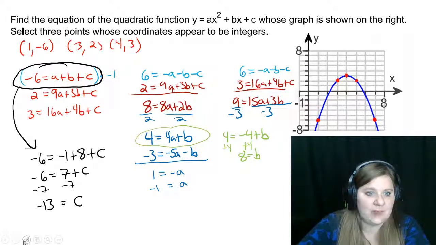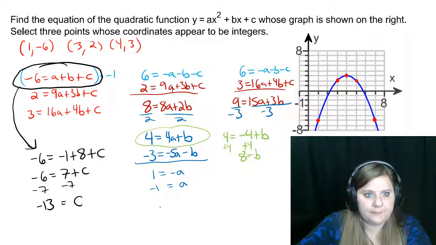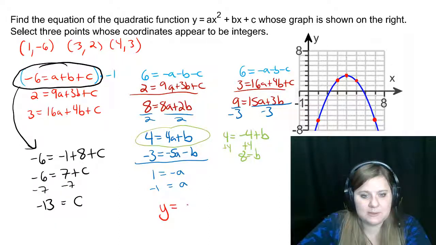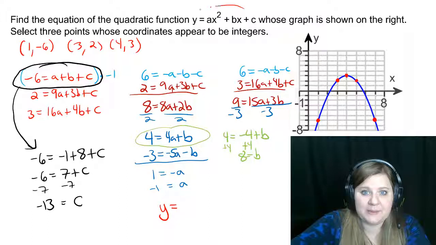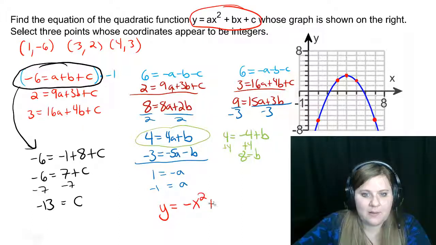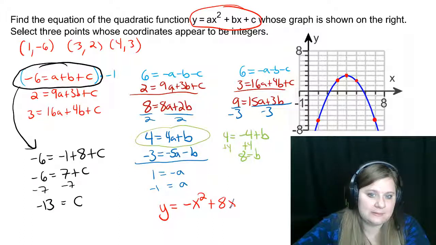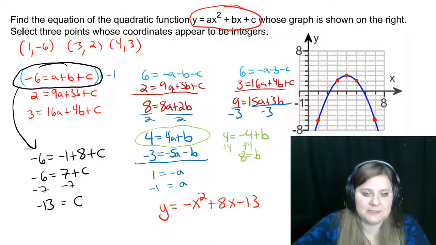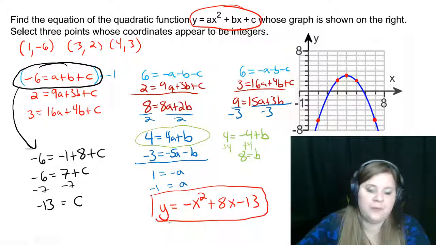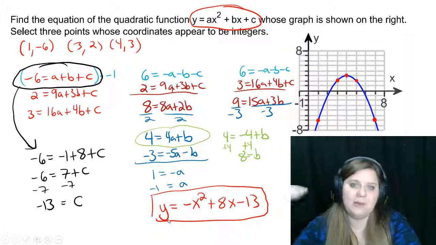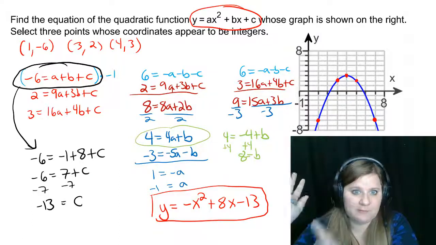That means I can write my equation as y equals ax squared plus bx plus c. My a is negative 1, my b is 8, and my c is negative 13. So this is the formula for my quadratic graph.